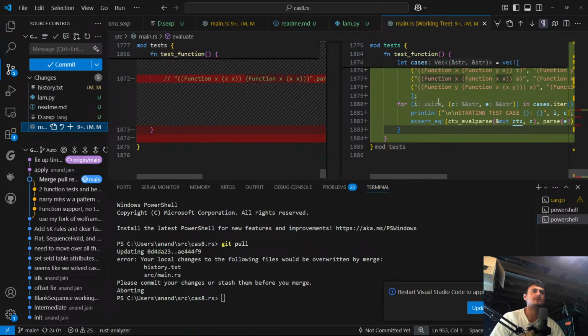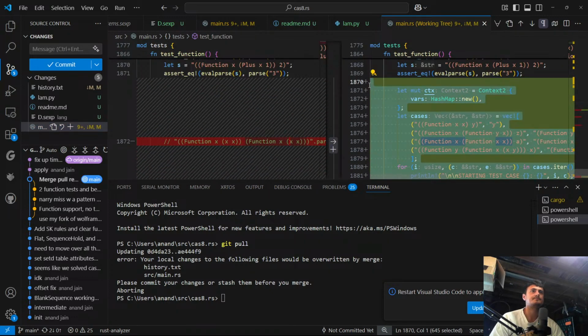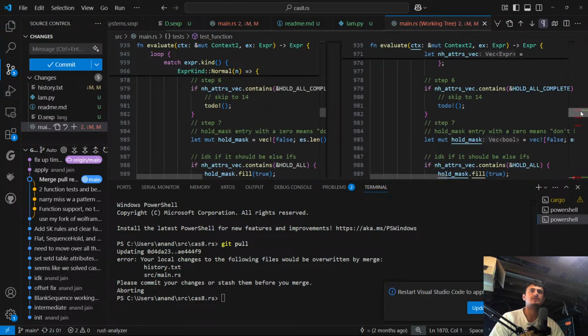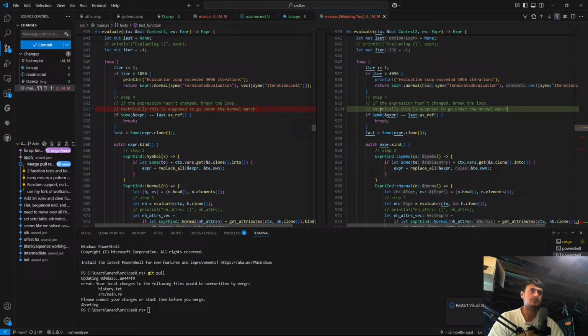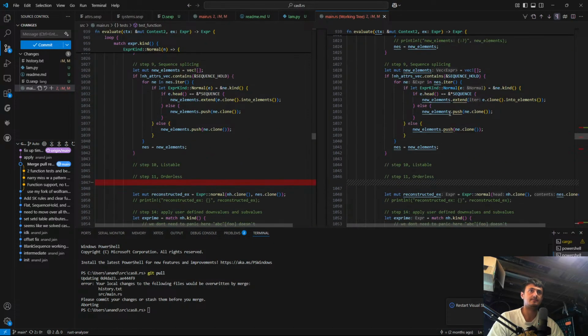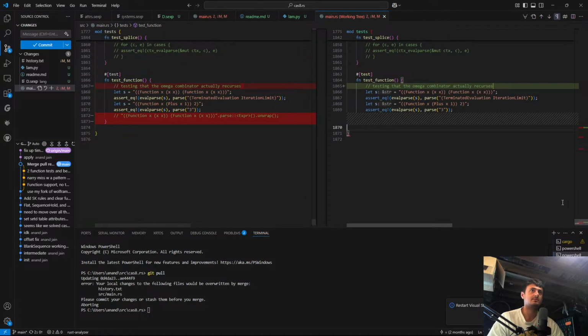Some lambda calculus tests. All right, I'll use these. Okay, then what is this? Okay, that's nothing. I think this Omega combinator actually recurses. All right, so let's just delete all this. Or wait, I should be able to just discard changes on this file.